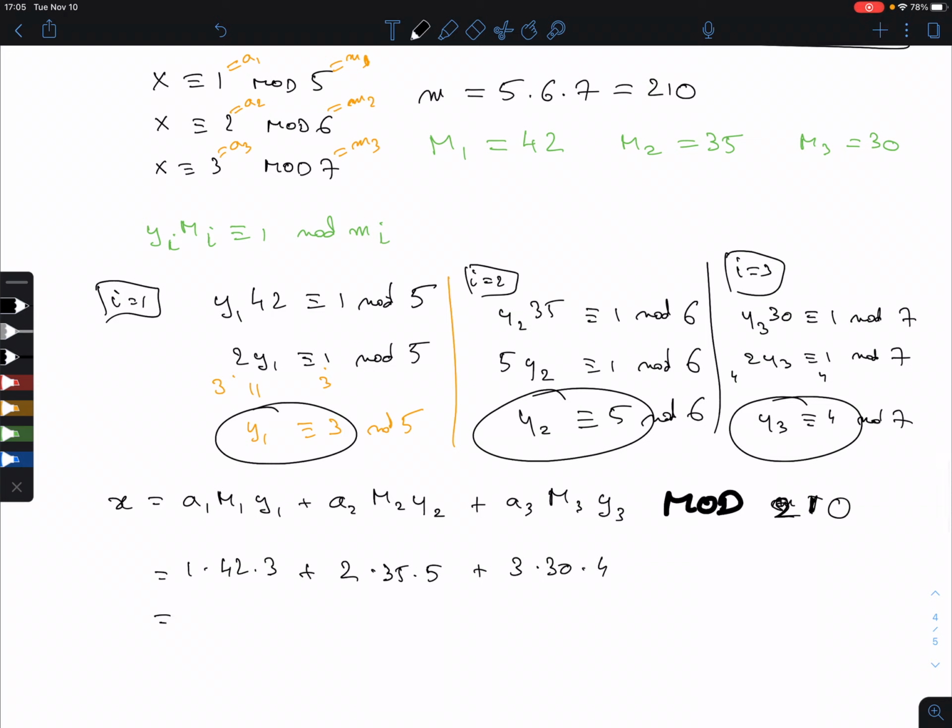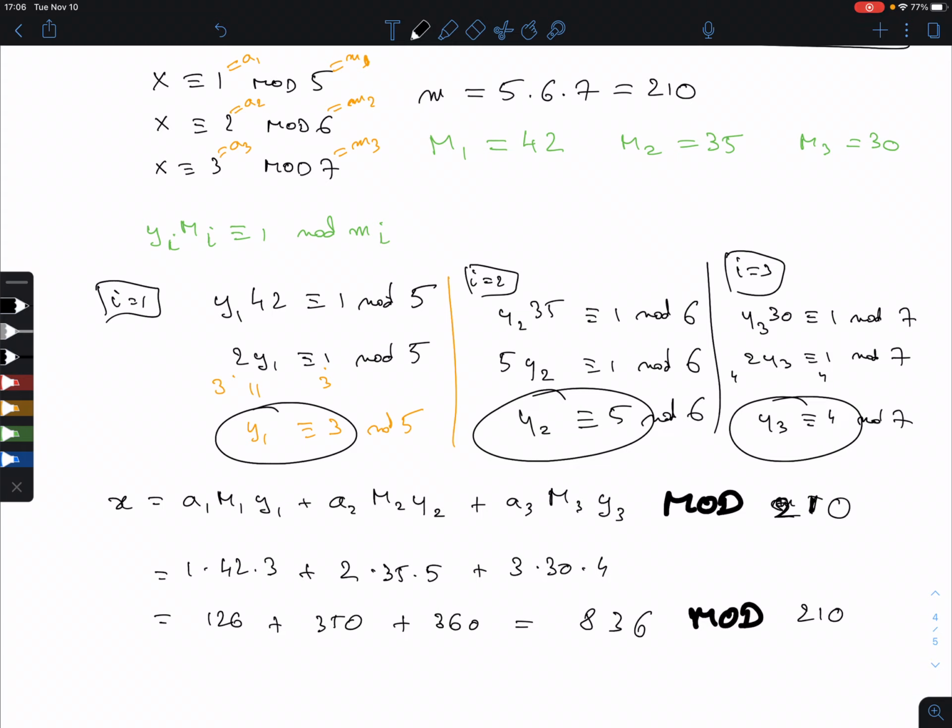Okay, so this is 126 plus 350 plus 90 times 4, that is 360. So if I'm still fresh enough to do this in my head, that is 836. Now we have to work this mod 210. 836 divided by 210, that is 3 times.